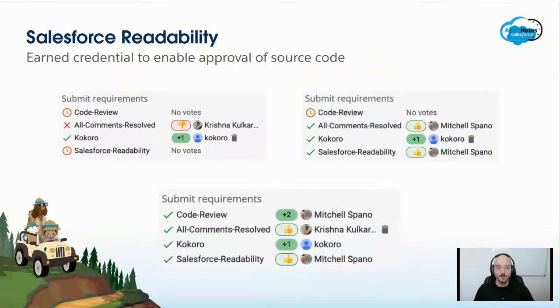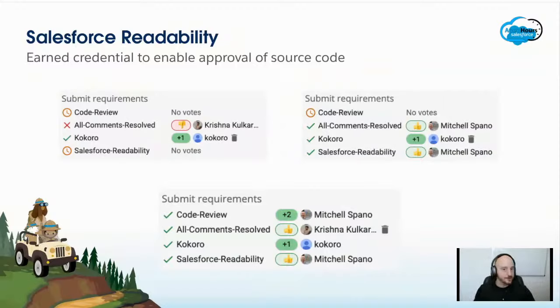And then what we'll do is you'll propose to say, hey, I want to earn the readability credential. We'll review those 400 lines along with their associated tests. The tests don't count towards those 400 lines. And then the folks who have earned the Salesforce readability credential will take a look, and then they'll review your code. If it passes all of the enterprise-wide standards that we've agreed to, then you'll have earned the credential.